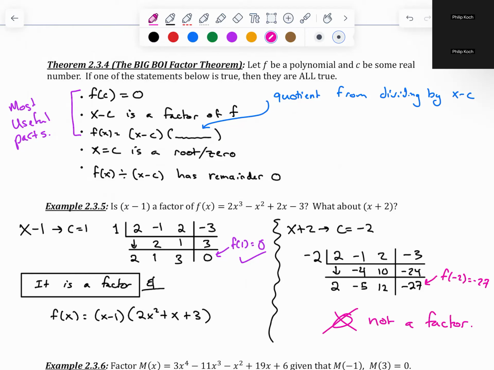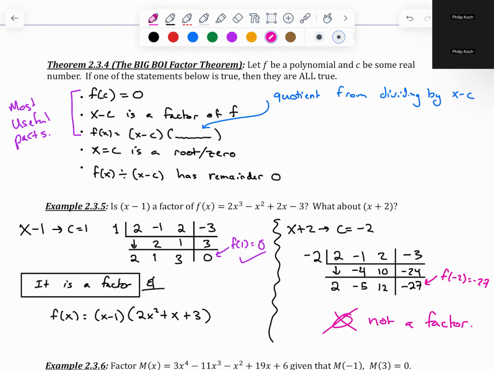You should get negative 27 as your remainder, meaning that f of negative 2 is equal to negative 27 by the remainder theorem. And since that's not 0, that means that it's not a factor.